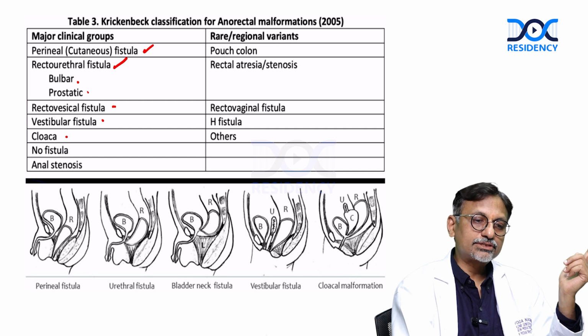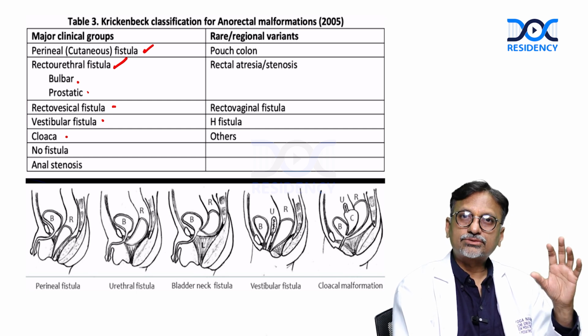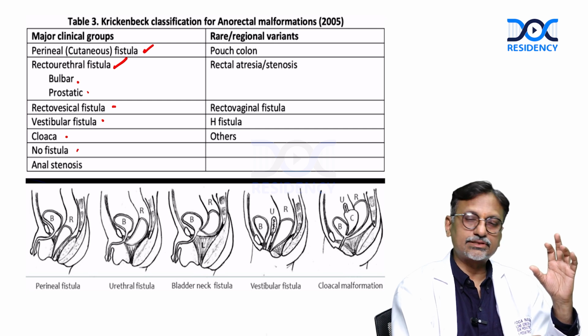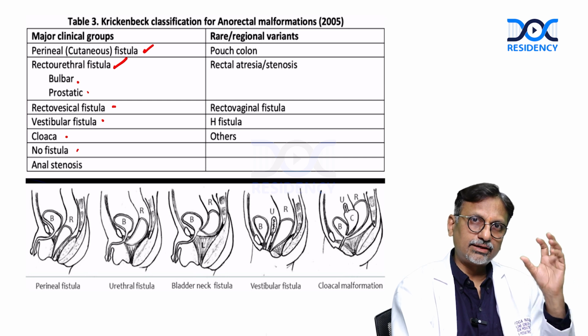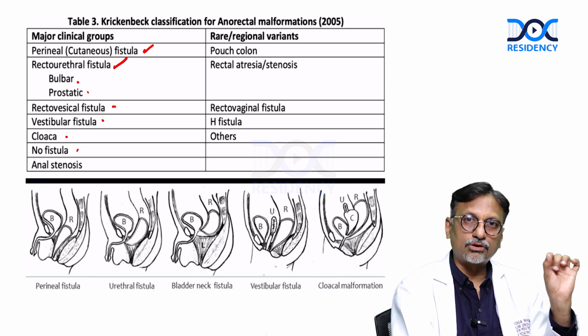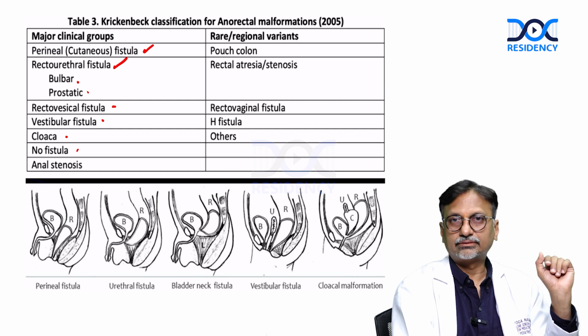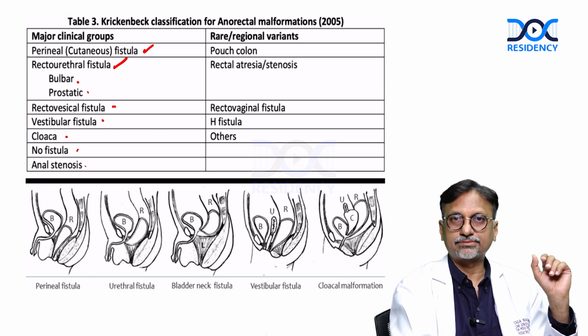Cloacal malformation is considered separately, and those which don't have a fistula are classified separately. The mildest variant is anal stenosis, where only the anus is of slightly smaller caliber than the regular one. That is also included in this Krickenbeck classification.